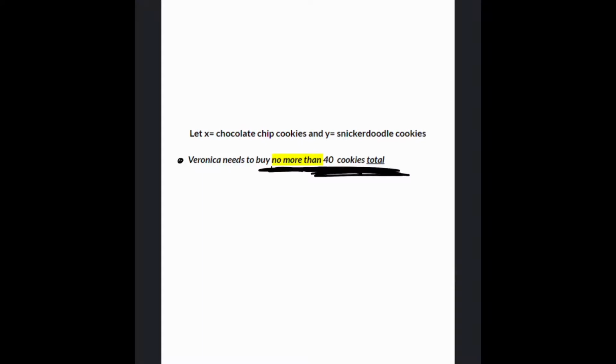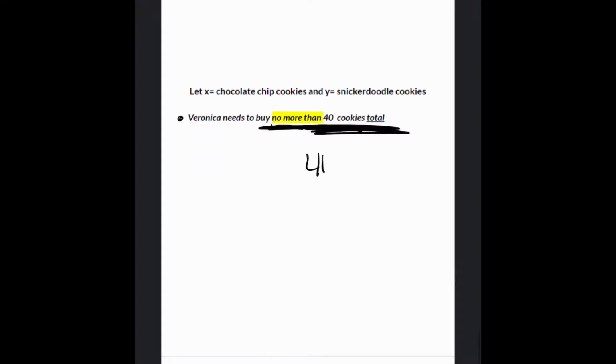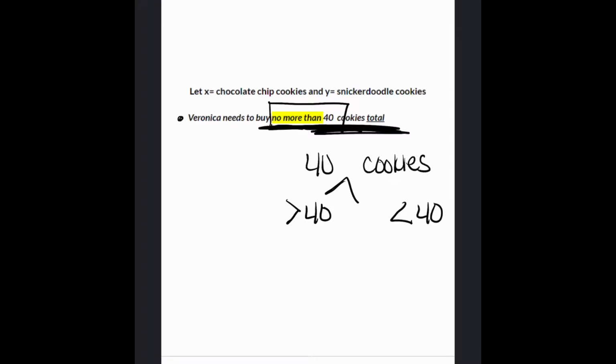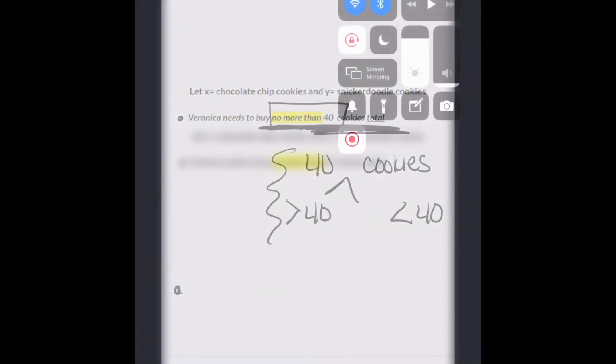For no more than 40 cookies, I want you to think about whether you need greater than 40 or less than 40. Use this to see if you can write the entire inequality. Go ahead and press pause on the video, give it a shot, and don't press play again until you're ready to go over it.